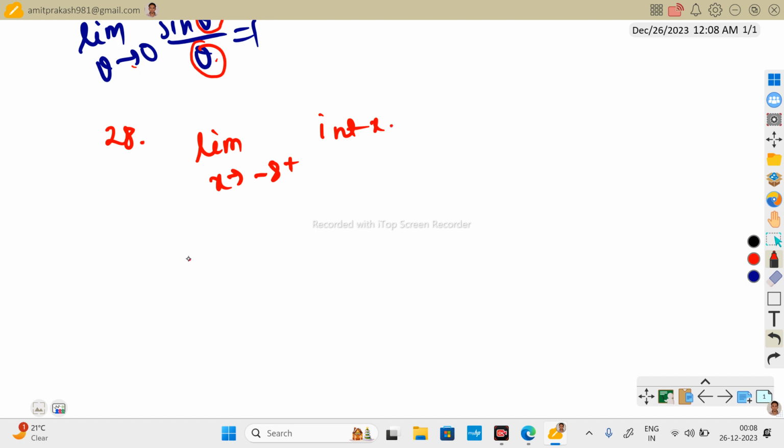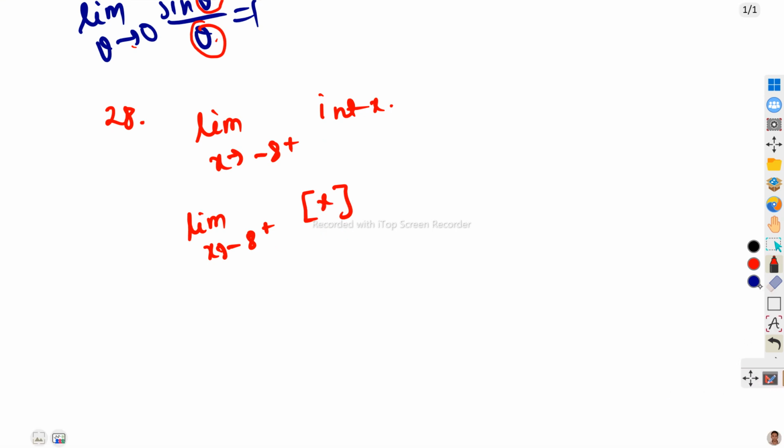Integer of x means greatest integer function. Greatest integer function is written this way. And what is this? This denotes the greatest integer less than x.